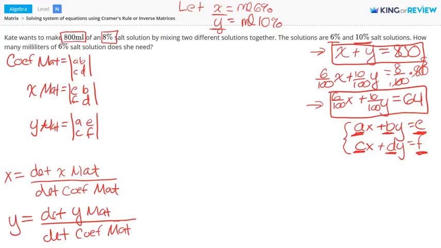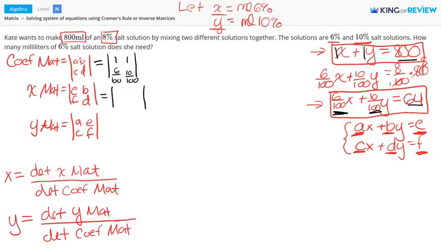So let's use our specific values to make our three matrices. Let's first do the coefficient matrix. What are the coefficients? We have a 1, a 6 over 100, and a 10 over 100. So 1, 1, 6 over 100, and 10 over 100. And now let's look at our x matrix. E and F, those are the constants.